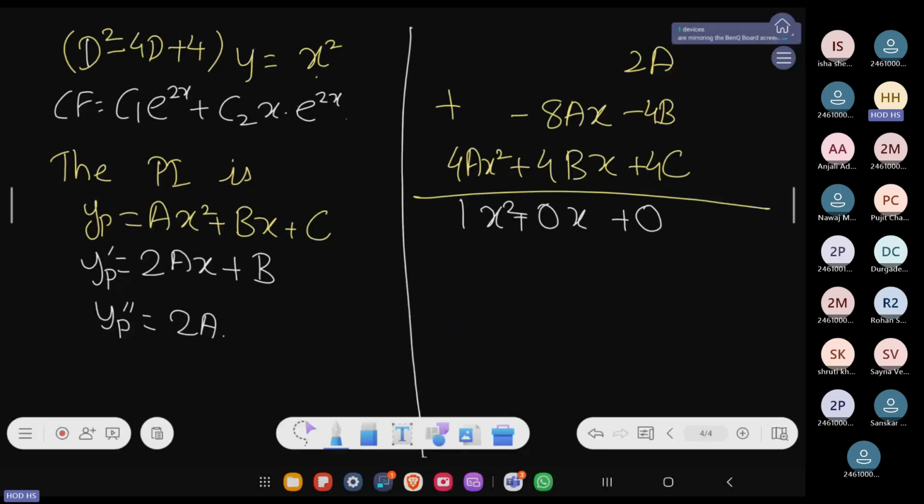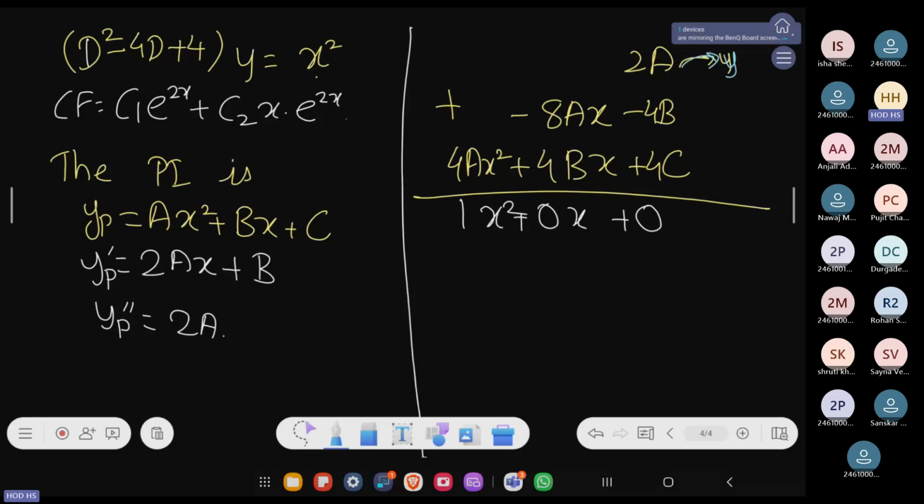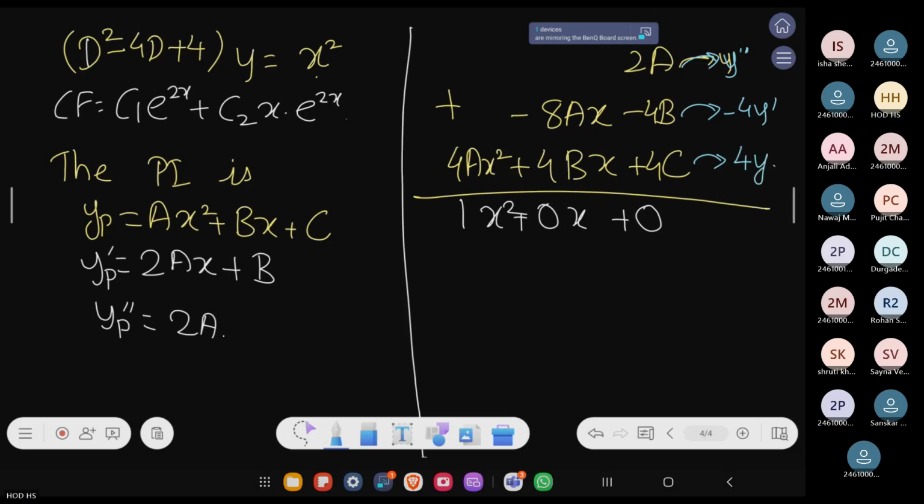Comparing my left hand side, I have substituted y double dash here, then minus 4y dash, and here 4y. And I am comparing the coefficients.